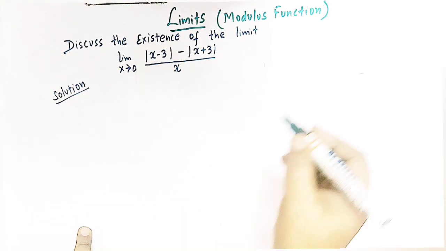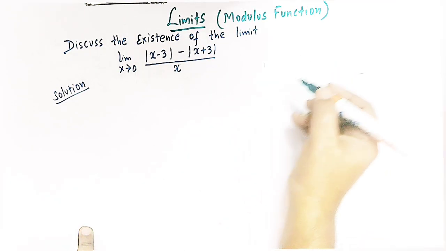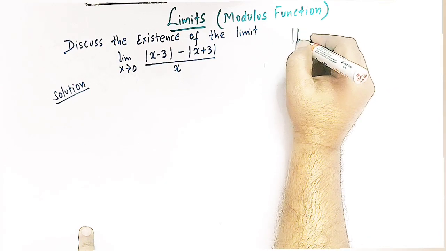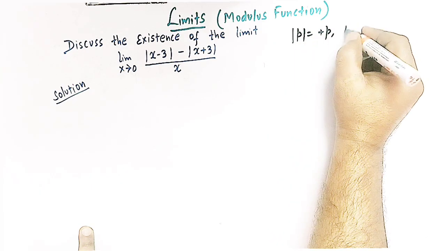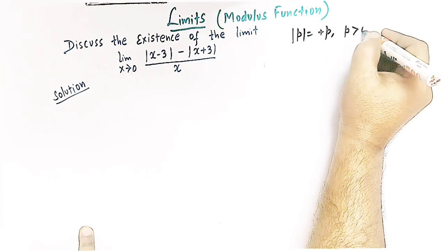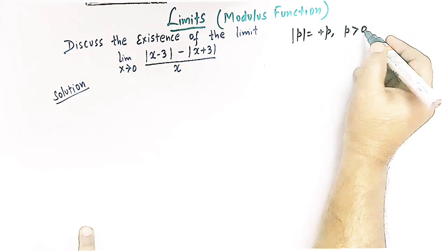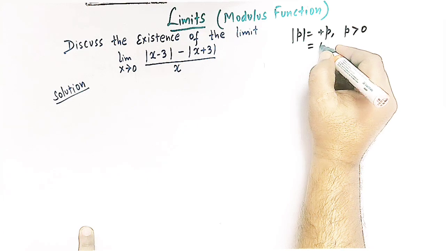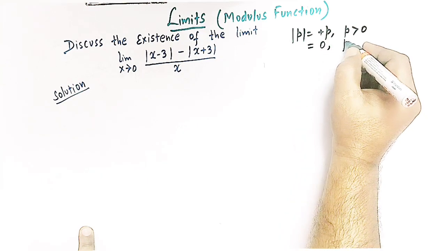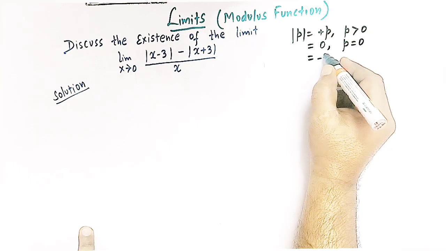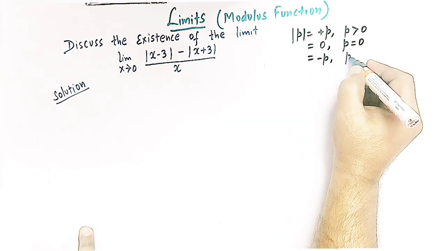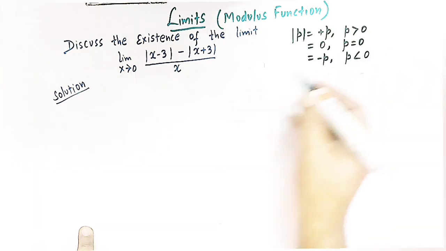So let us first see the definition of mod function, right? Here mod of p is defined as positive p whenever p is greater than 0, or p is positive, and mod of p is equal to 0 when p is equal to 0, and mod of p is negative p when p is less than 0, right?